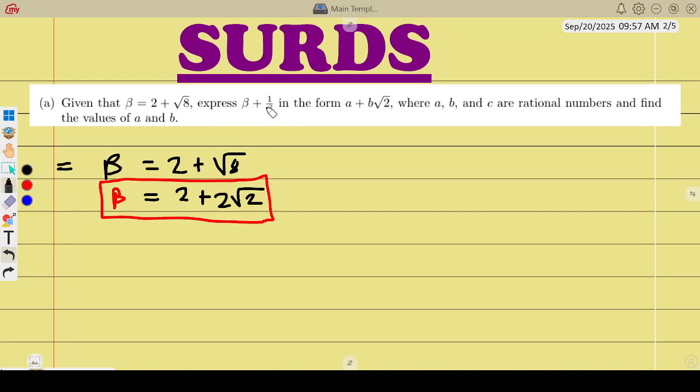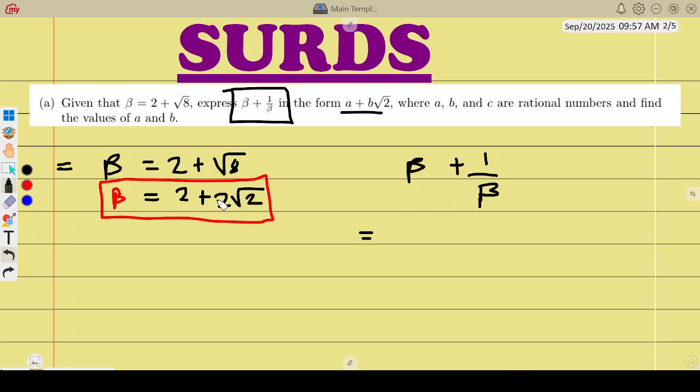So what's next is we want to express this in the form of that. Yeah, so we can write b plus 1 over beta, and that's what we have. So let us substitute.